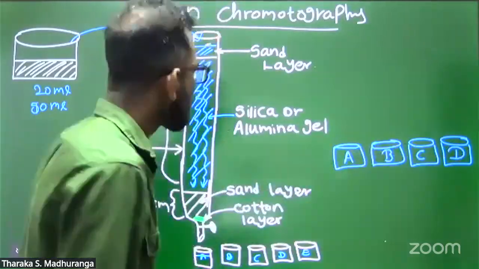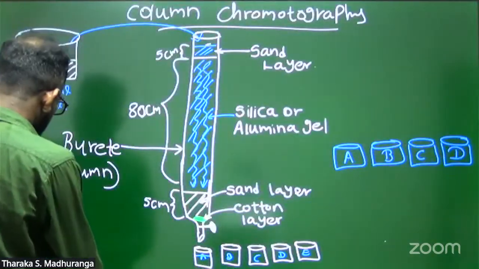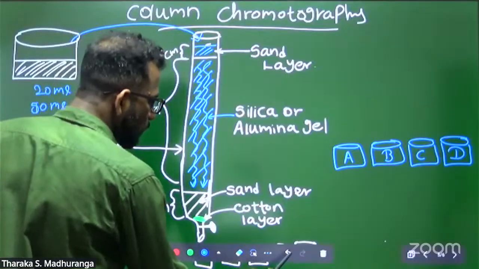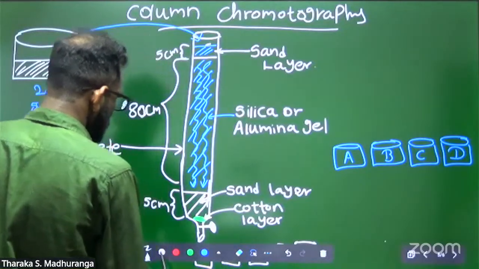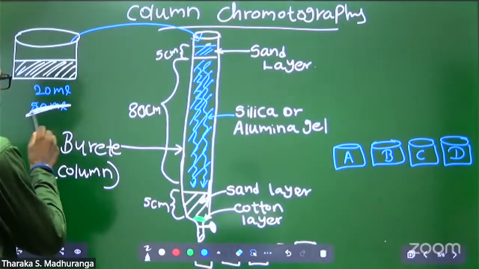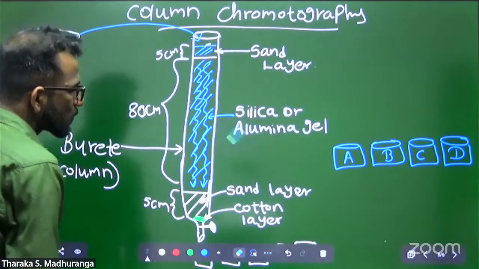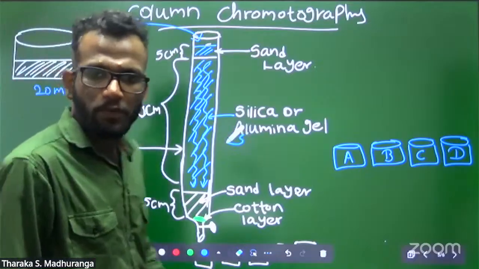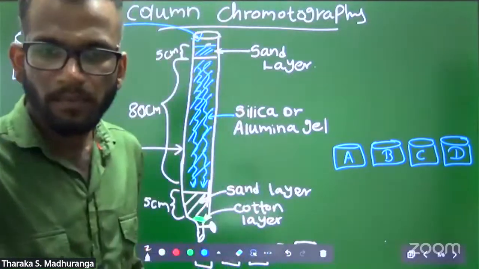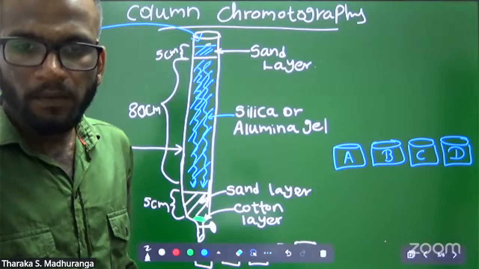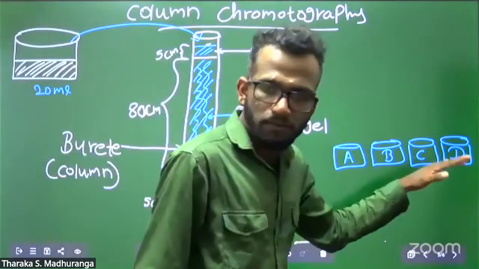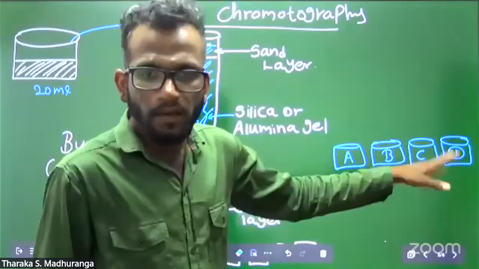Okay, now as a simple example, I got only 4 cups. Up to now understood? Yeah, A, B, C, D is our final separation part.